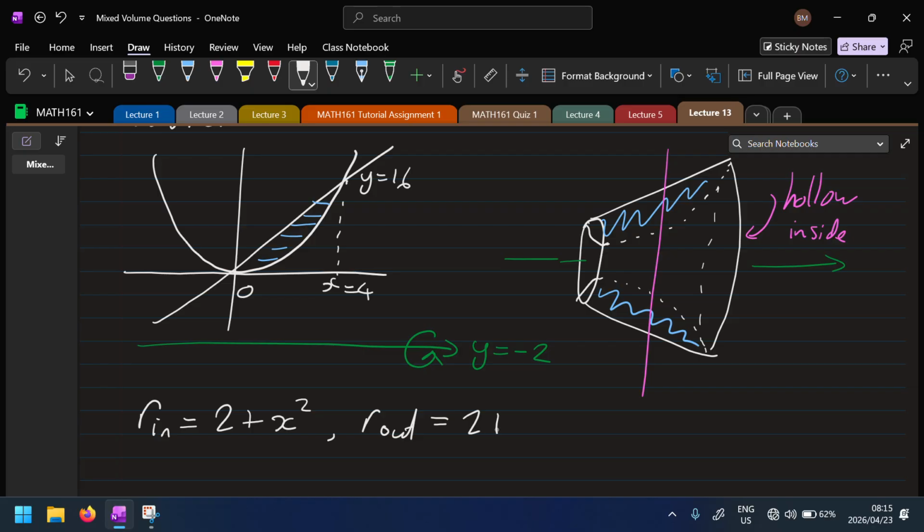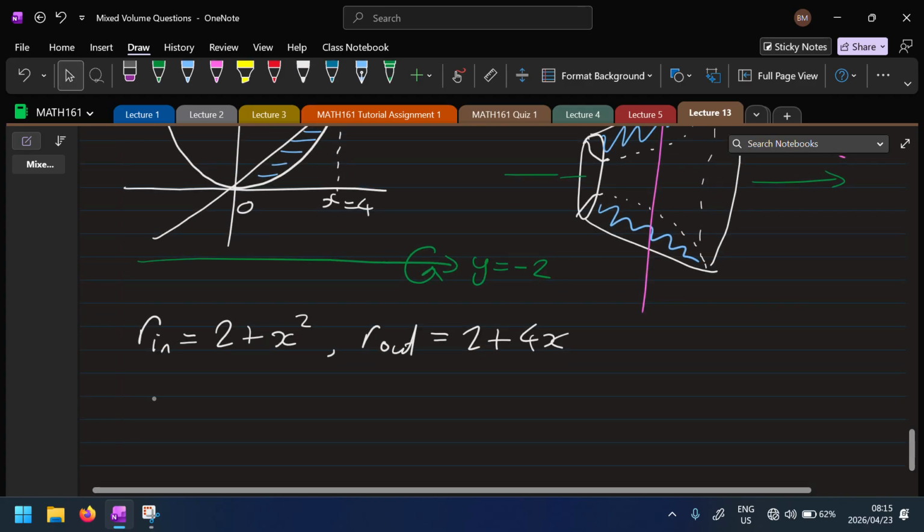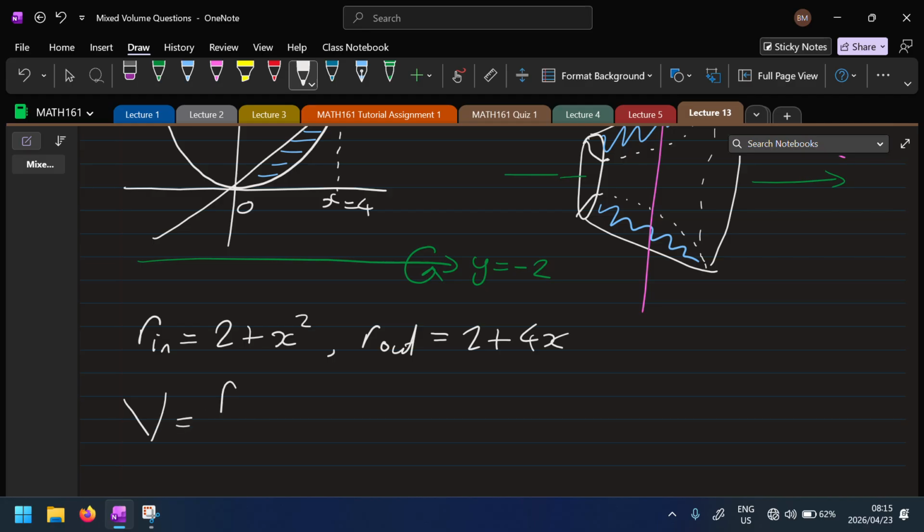R out. Again, it will be 2 plus, because we shifted by 2. What's the leftover distance? That will be the y value up to the line y equals 4x. So it'll be 2 plus 4x. Okay, everyone see that? So let's work this out. The volume will be the integral, because we're using the washer method.